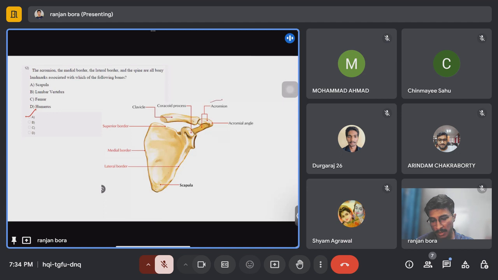Acromion is here. Then the medial border, this is the medial border, and lateral border. Spine is not shown here, spine is somewhere here. So all these landmarks are bony landmarks of the scapula.